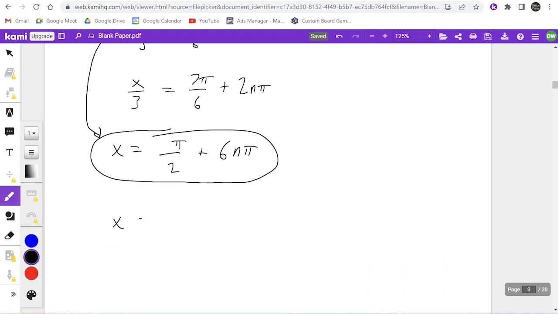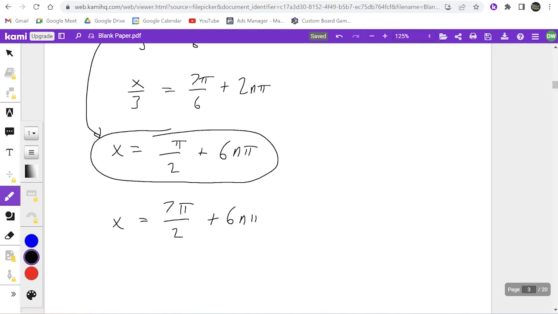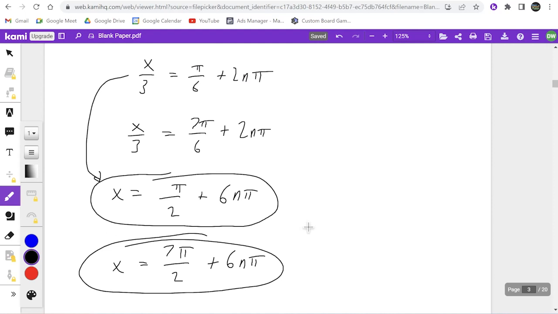Multiplying by 3, I get 21 pi over 6. That's going to reduce to 7 pi over 2, and then that's going to be plus 6n pi as well for the same reason. So there's my left side for the positive values.